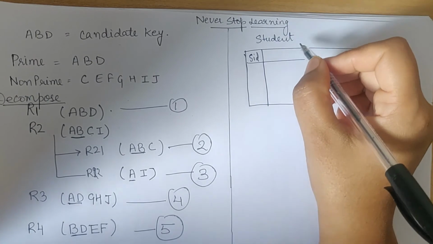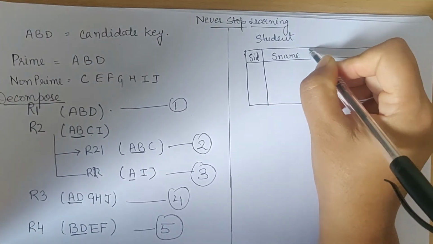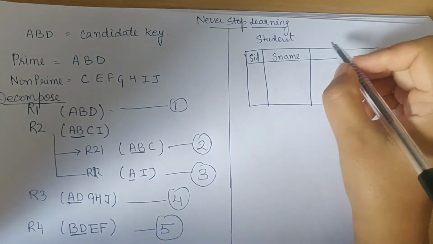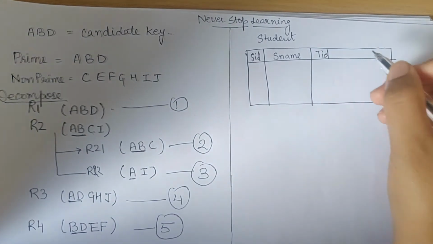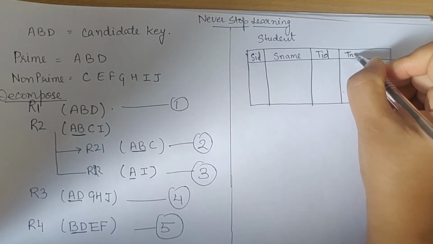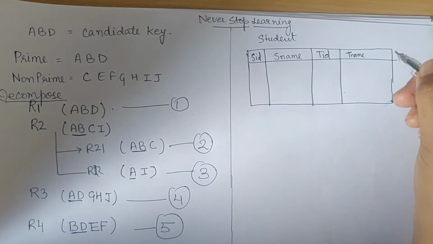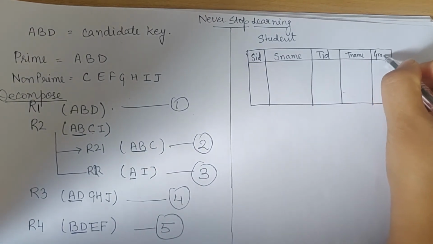Then student's name, so I am giving SName. Next I am having teacher ID, so I am giving TID. Teacher name, TName, and then we are having grade of students.